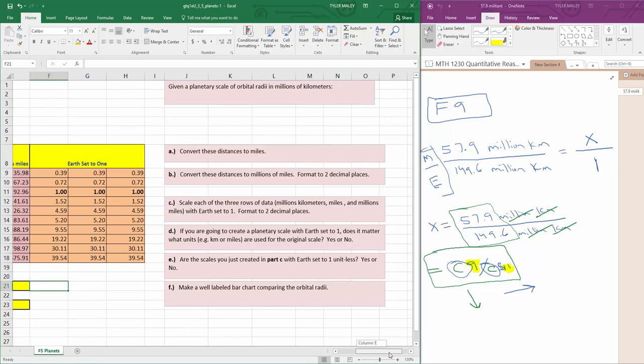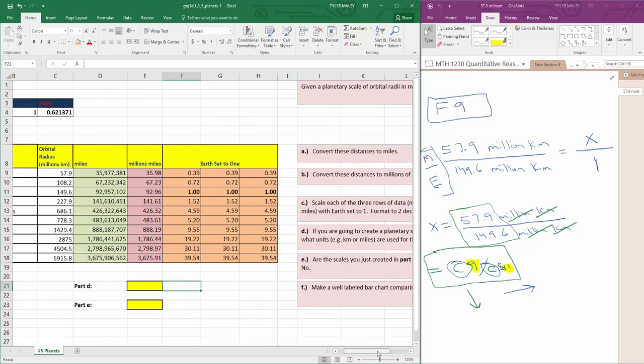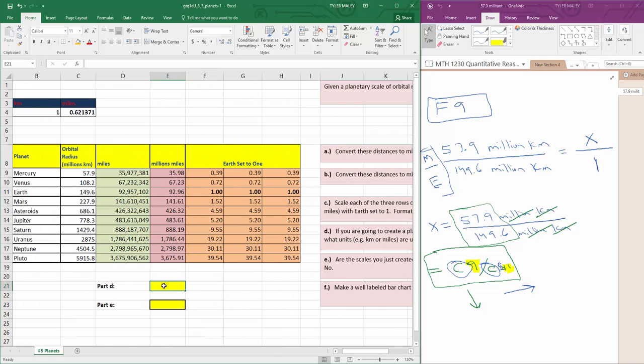So part D says if you're going to create a planetary scale with Earth set to 1, does it matter what units are used for the original scale? And the answer is no, right? The reason why it doesn't matter is because if I set this equal to one foot, then all of these units would just be in feet, right? These are unitless values, right? So we saw over here that the million kilometers canceled out, right?